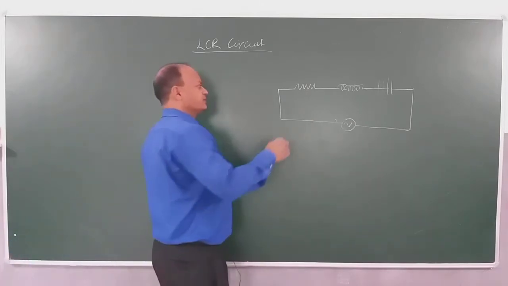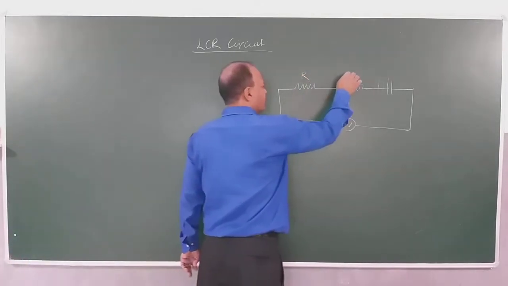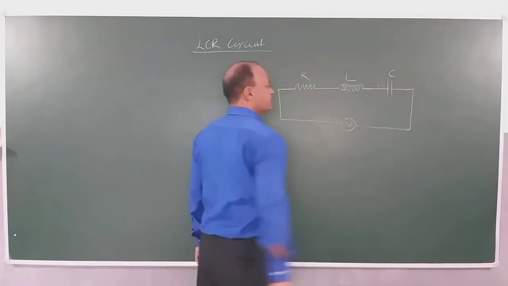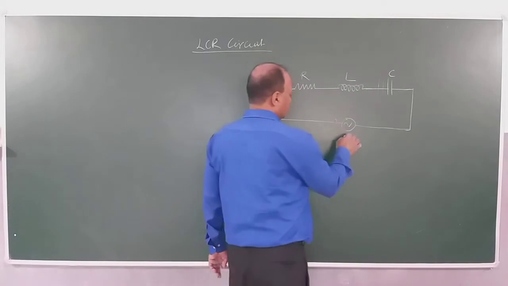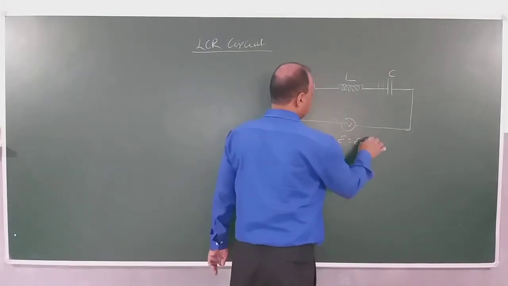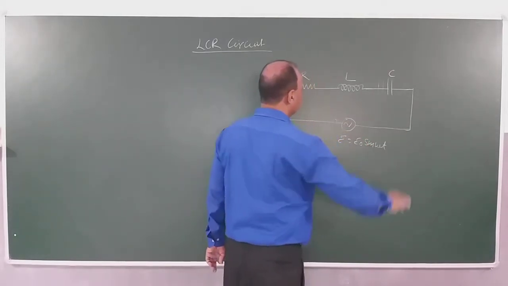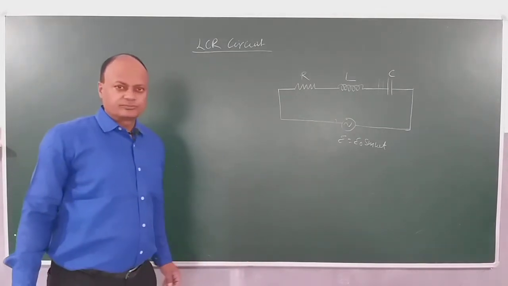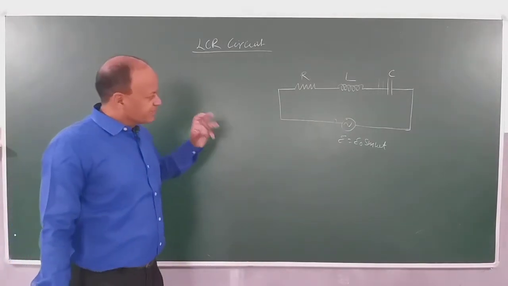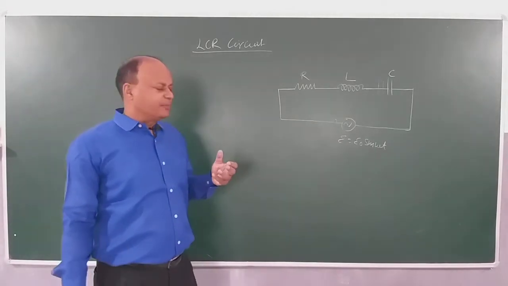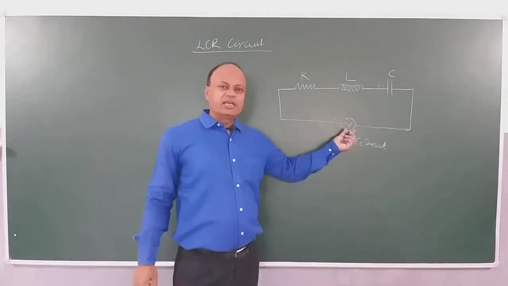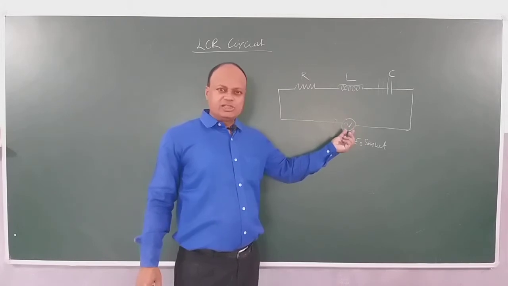Resistance is R, inductance is L, and capacitance is C. And suppose you are applying a voltage E equals E naught sin omega t. Clear? Now this is a technical circuit, and we will understand it in a technical way. Let's understand what exactly will happen when I connect the AC source.